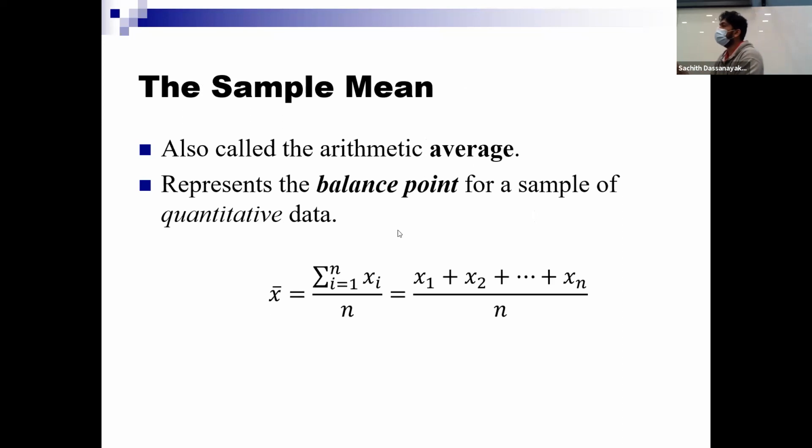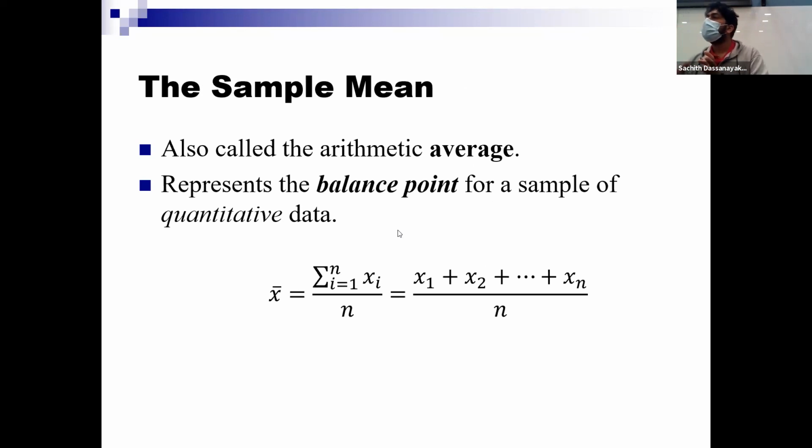So mean, which means average. Mean and average mean the same thing. How do we do it? Get the sum of all values, divide by the number of values.